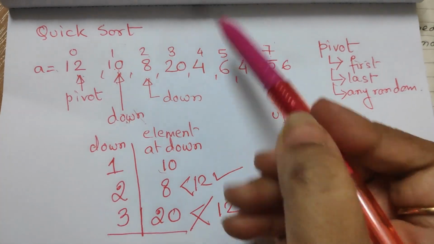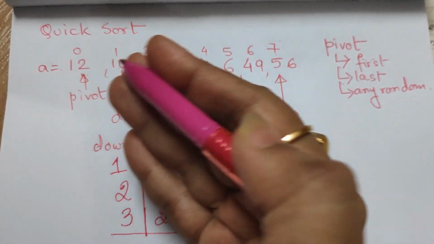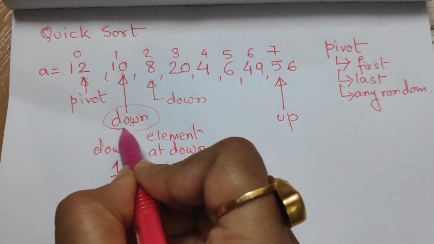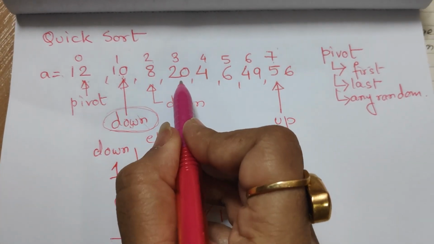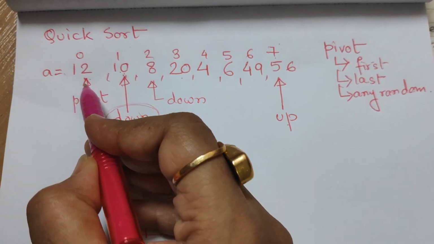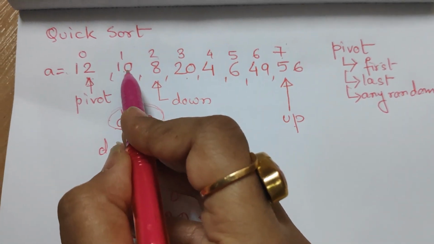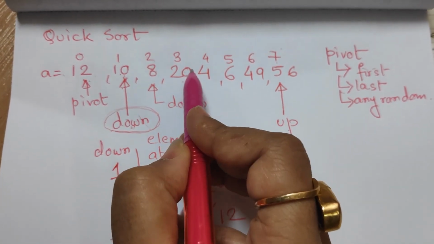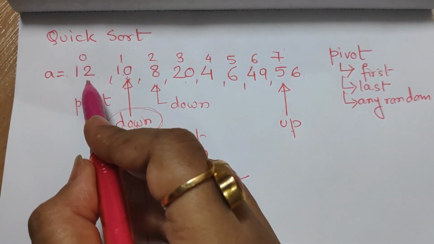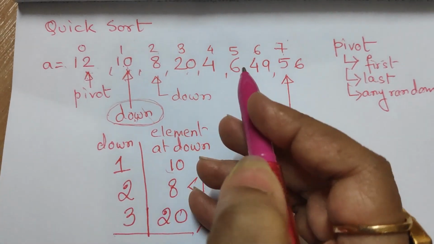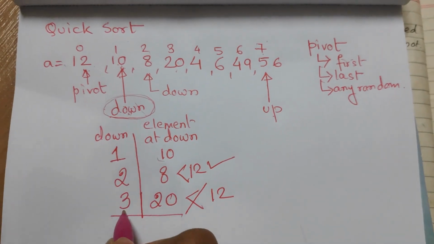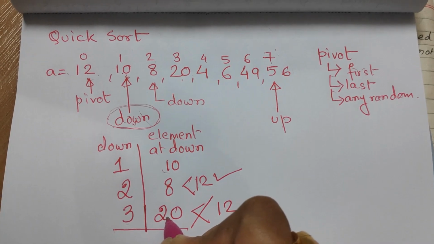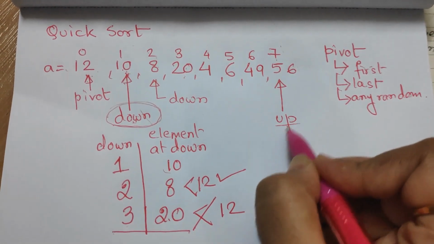Again, I repeat, we traversed through the array using the down index till an element which is greater than our pivot. 10 was less, so we went forward. 8 was less than 12, so we went forward. 20 is greater than 12, so we halt at 20. So the down value at this moment is 3, and it is storing the value 20. Clear?